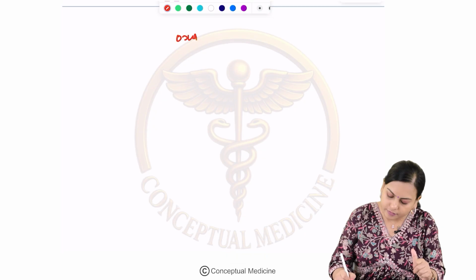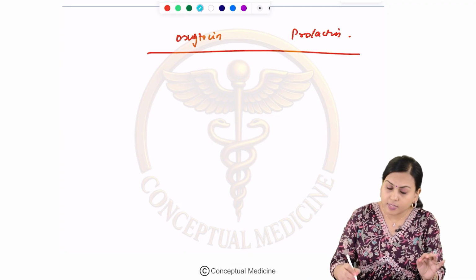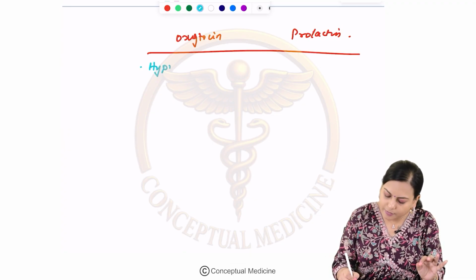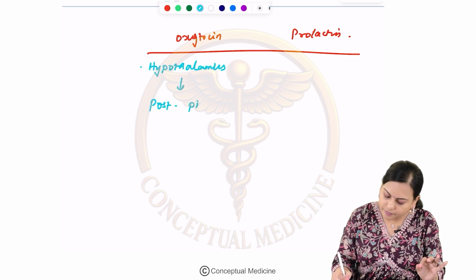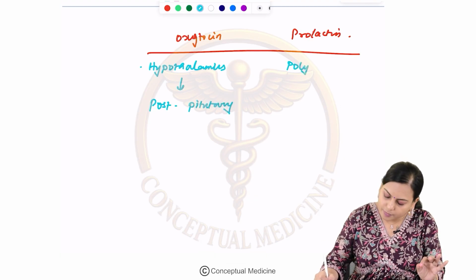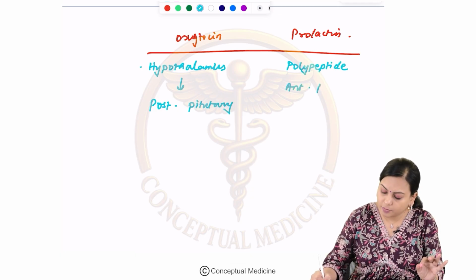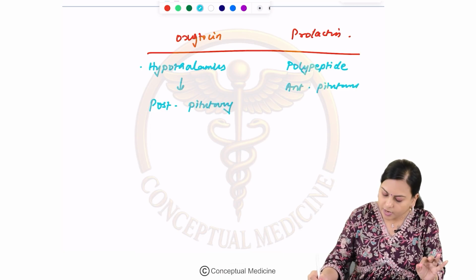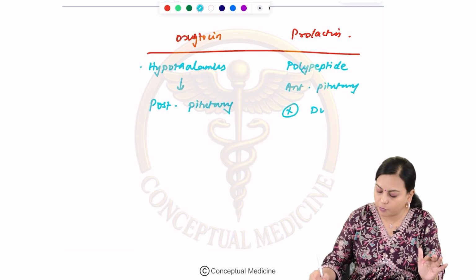We have oxytocin, we have prolactin. We know oxytocin is synthesized in the hypothalamus and stored in the posterior pituitary, whereas prolactin is a polypeptide secreted from the anterior pituitary, and remember prolactin is always under inhibitory control of dopamine.